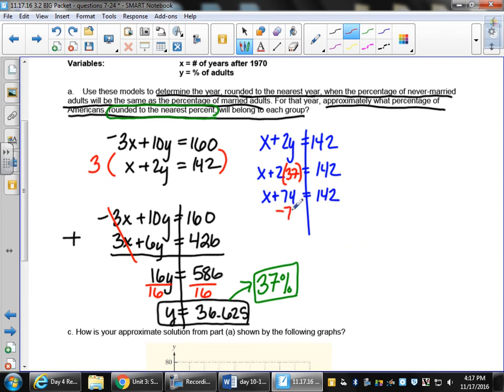Subtracting 74 from both sides, x equals 142 minus 74 is 68. So here's my math answer.